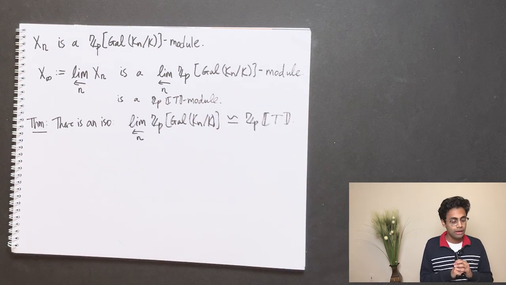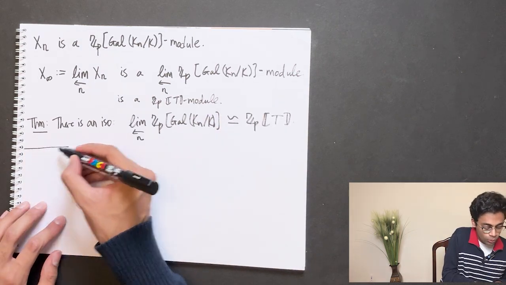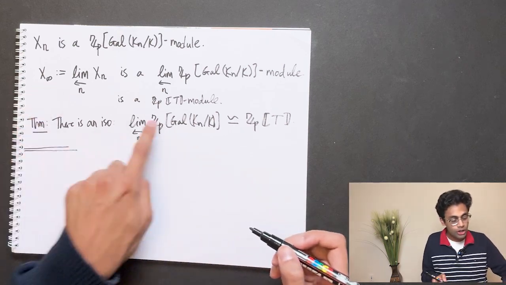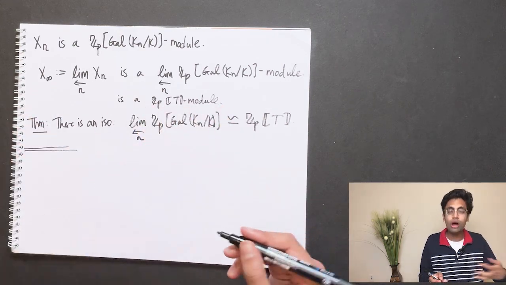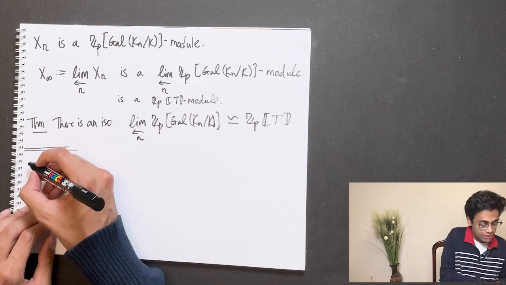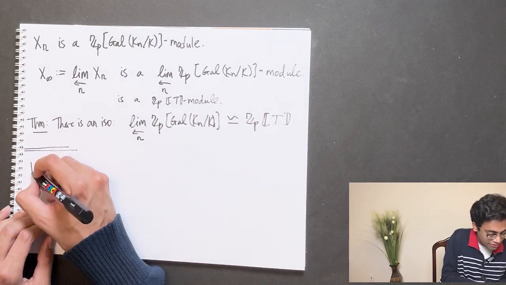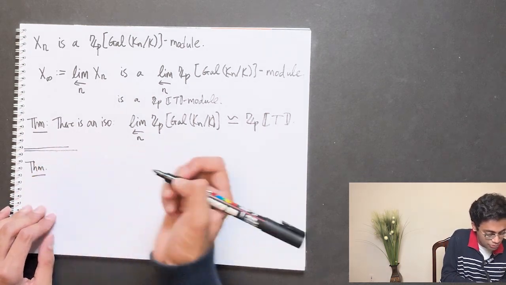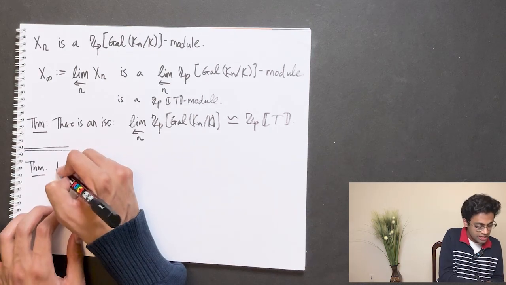Okay, so we now want to study modules over this ring and use tools from commutative algebra to do that. Before we do that, I want to recall a very nice theorem from just normal commutative algebra, which says the following.